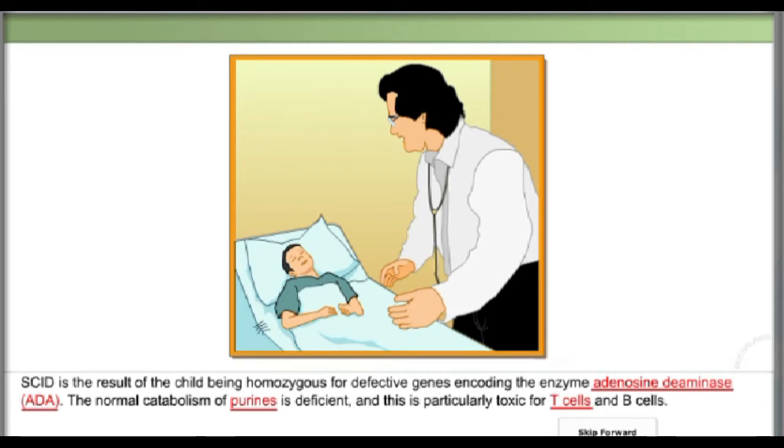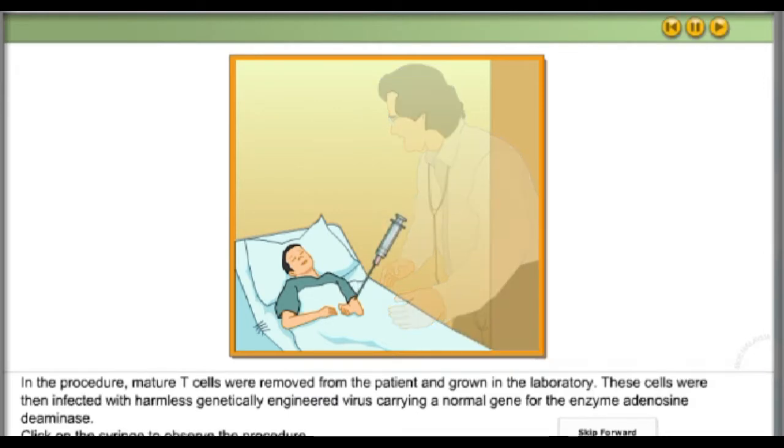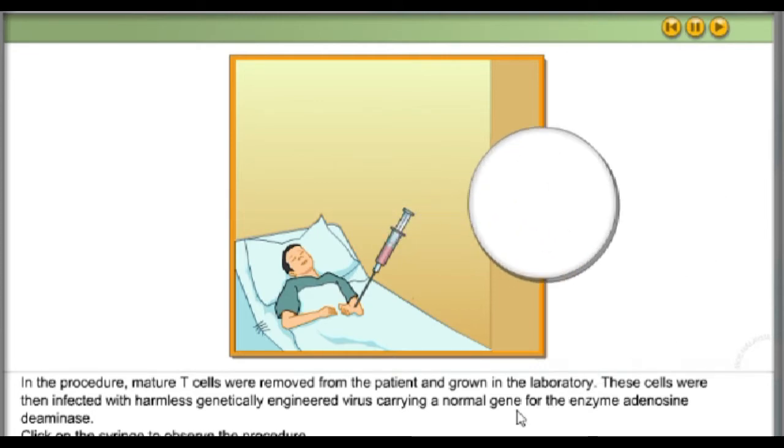So ADA deficiency will cause abnormal purines, which are particularly toxic for T cells and B cells. In the procedure, matured T cells were removed from the patient and grown in the laboratory. These cells were then infected with a harmless genetically engineered virus carrying a normal gene for the enzyme adenosine deaminase.